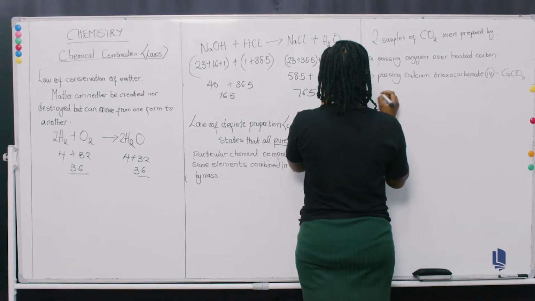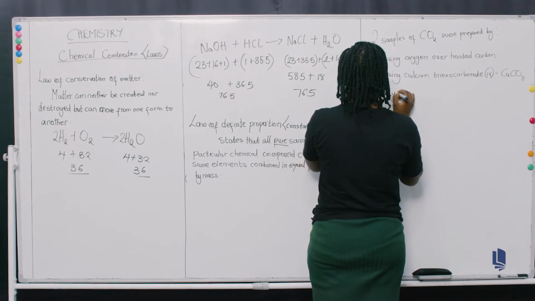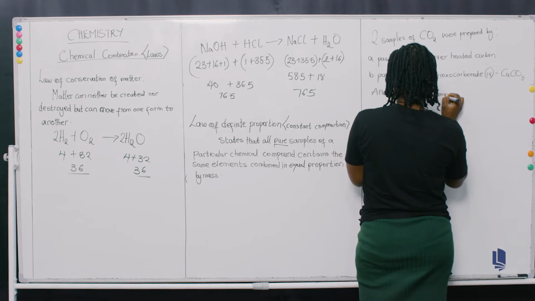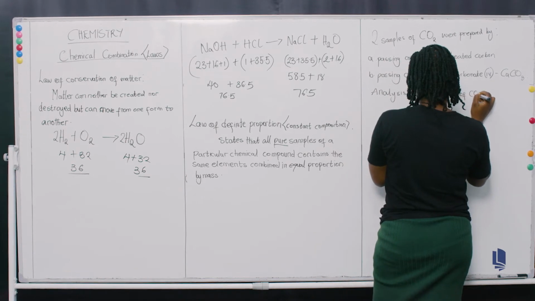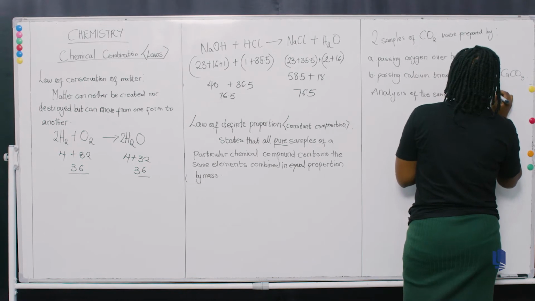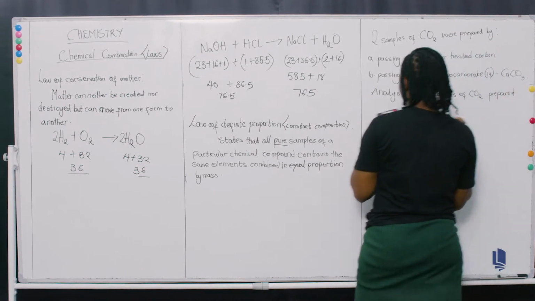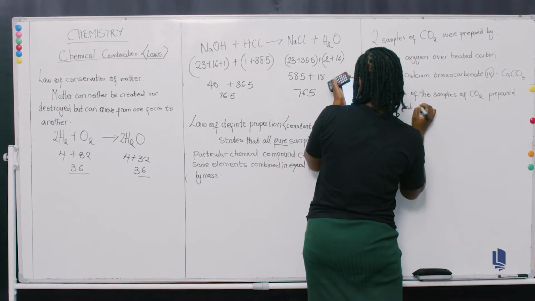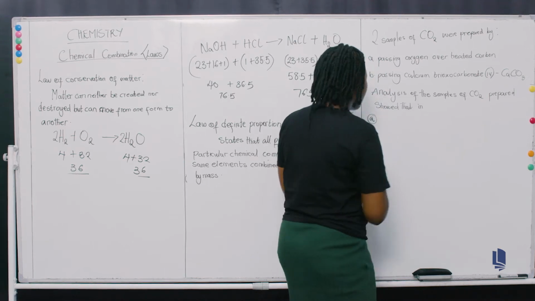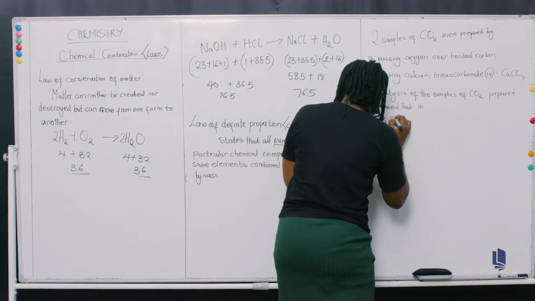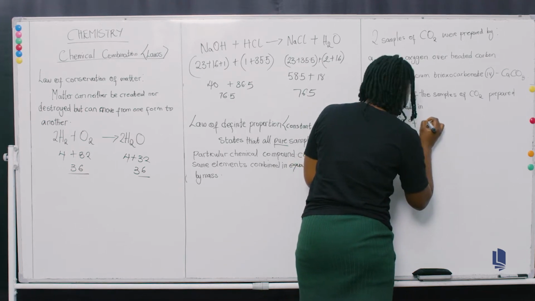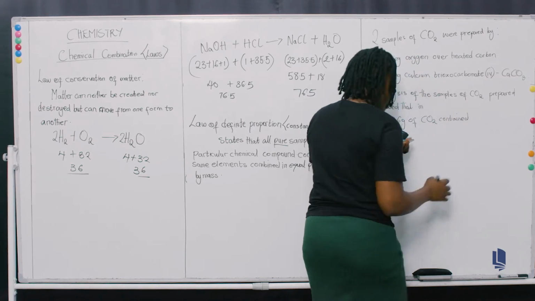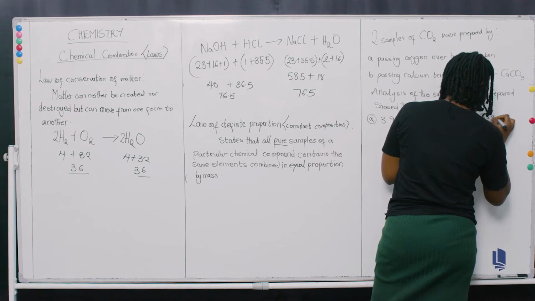The question says analysis of the samples of CO2 that were prepared shown that in A, that's analysis A, 3.96 gram of CO2 contained 2.88 gram of oxygen.